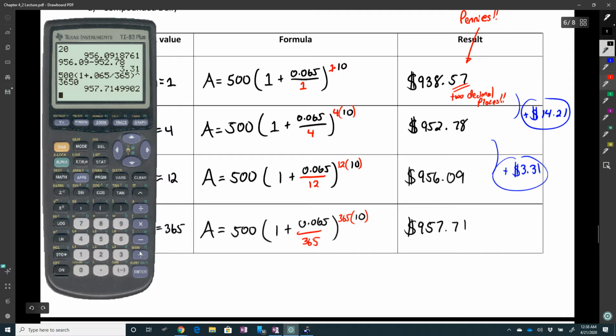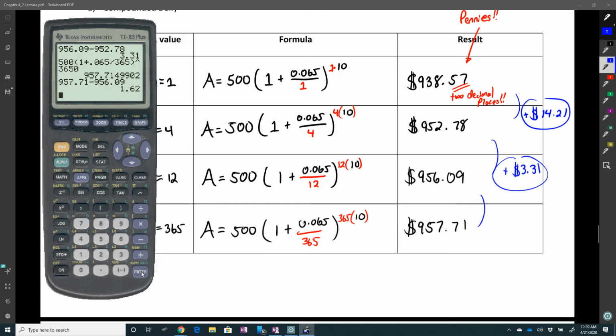I notice that that's even less. The more you compound, it turns out that you are making more money the more you compound, but you're getting less and less of it every time. So that's plus 1.62.